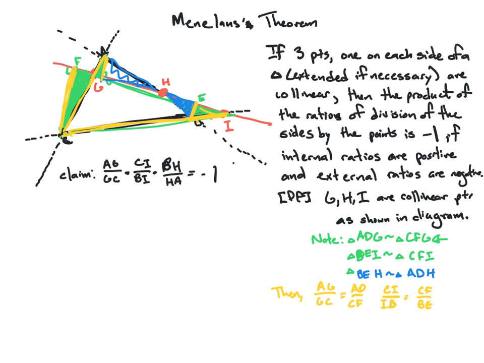Except by the convention we've identified, external ratios are negative. So CI is to IB must be the opposite of that, CF is to BE. So that's where our negative comes in.